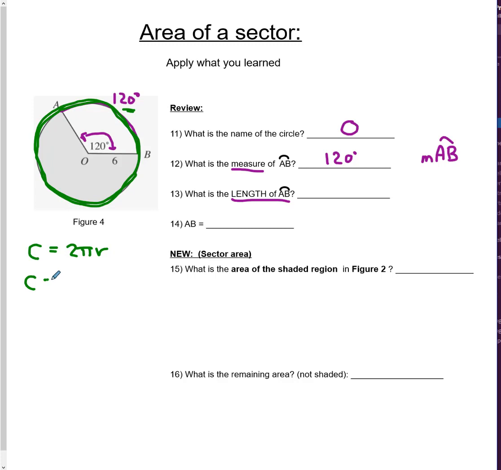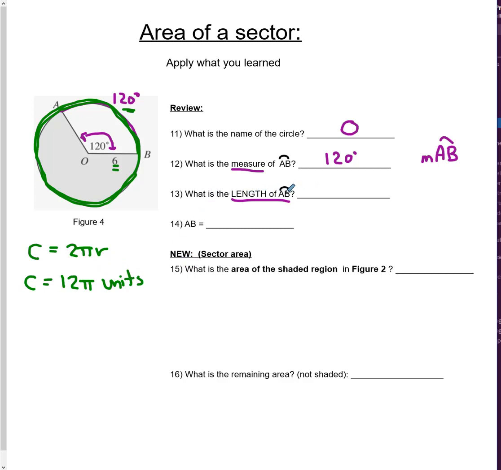So the circumference of the whole circle is 12 pi, right? 2 times pi times 6. 2 times pi times 6 is 12 pi. And they didn't give us any units here. Usually we would use units, but it's a very rare problem where they don't give us units, so I'm just going to say 12 pi units. Okay, my pi looks terrible, so I'm going to fix that pi. Okay, 12 pi units, all right?